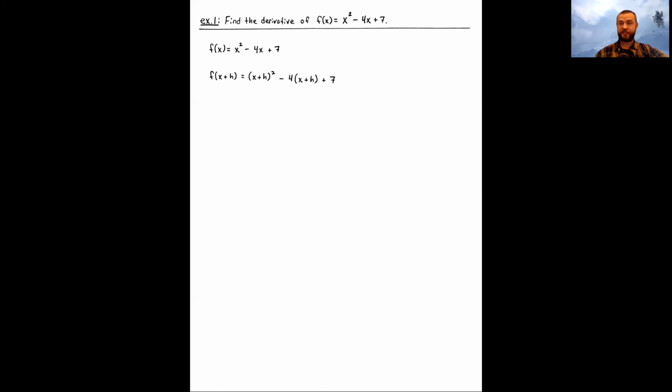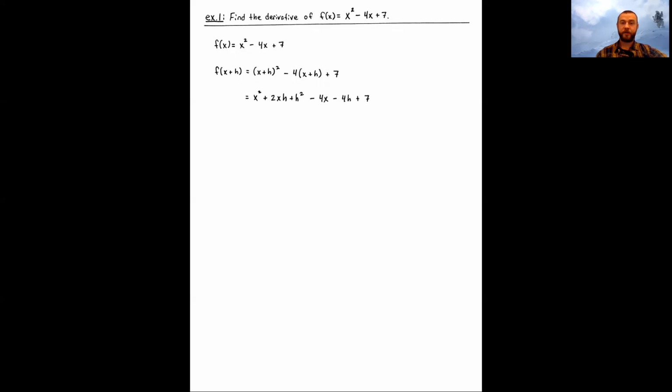We're going to properly expand x plus h squared. Do not square x and h and then add. That does not become x squared plus h squared. So properly expand or FOIL that. Distribute the -4, and we get these terms. There's no like terms, nothing cancels here. So that's basically it for step 1.